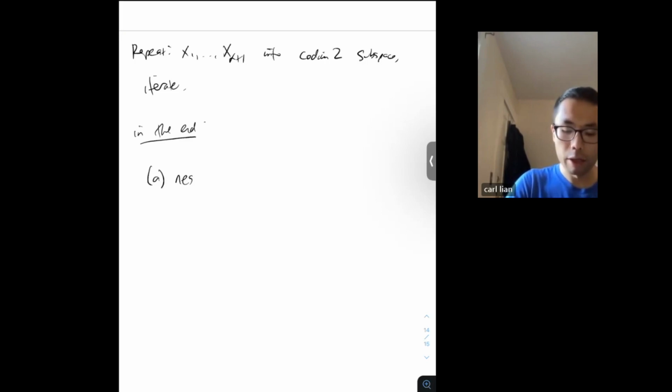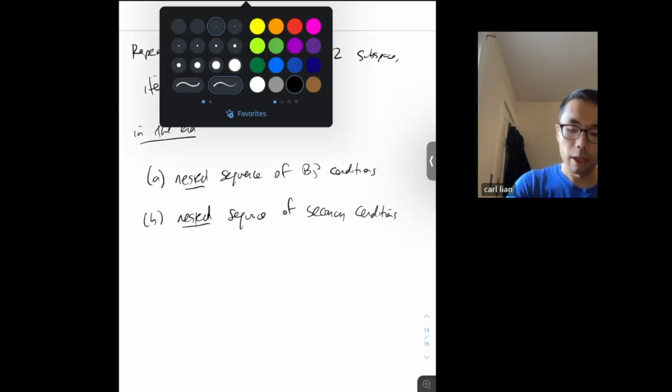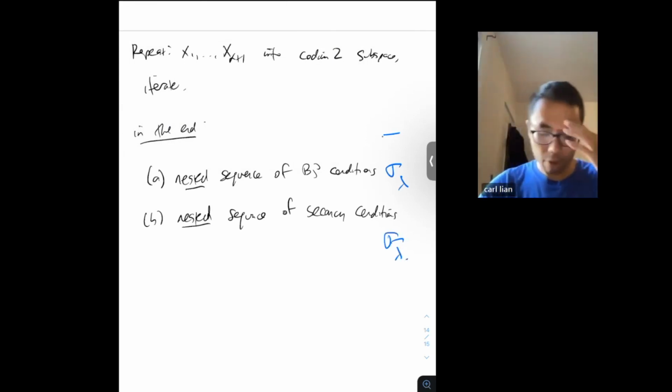I'll get a nested sequence of base point conditions, and I'll get a nested sequence of secancy conditions. And these will turn into precisely these Schubert cycles, sigma lambda and sigma lambda bar. Okay, I'll stop there.